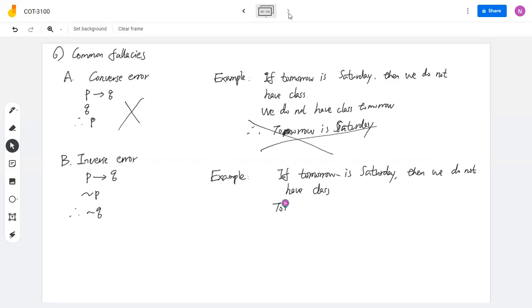Tomorrow is not Saturday. So what can we infer? Nothing can be said. We can have class, but you can't reach the conclusion that we have class tomorrow, which is all wrong.